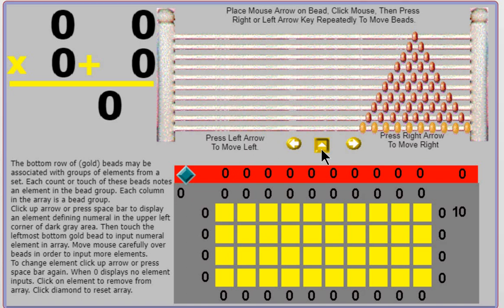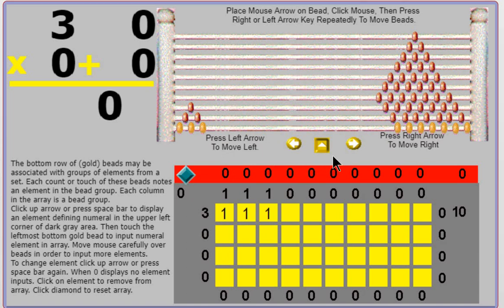Now I'm going to click the up arrow so that I can have a 1 defining the elements, and I'm going to count 3. 1, 2, 3. Click it to 0. I'm going to click the third bead and reposition it against the left post.